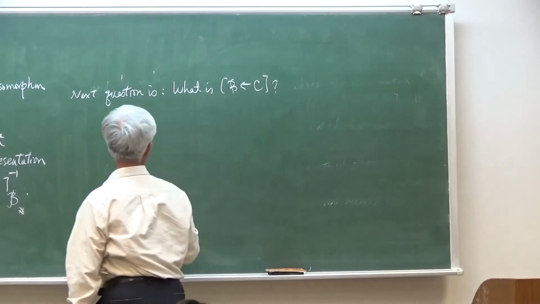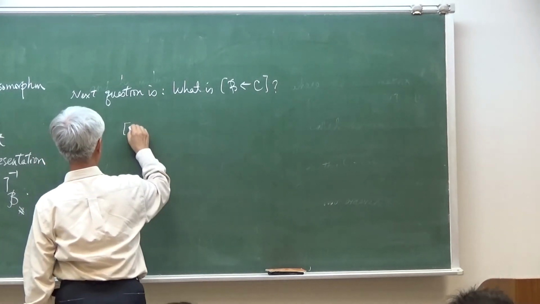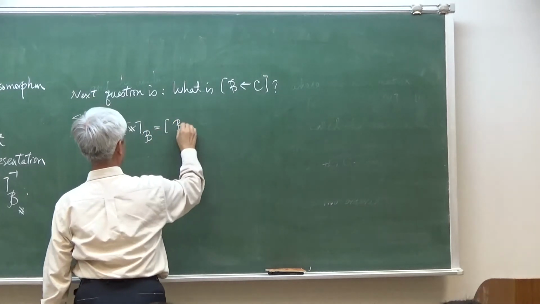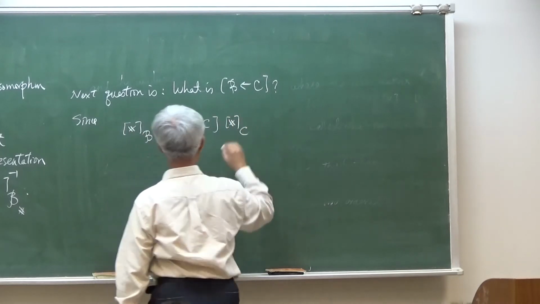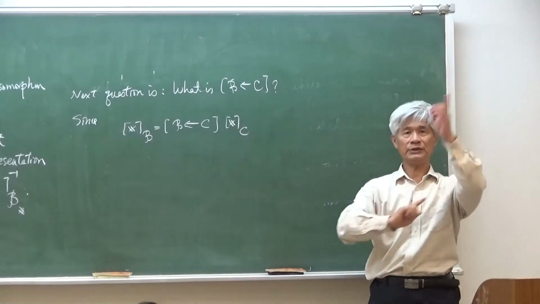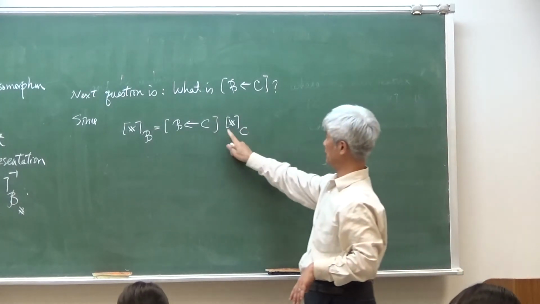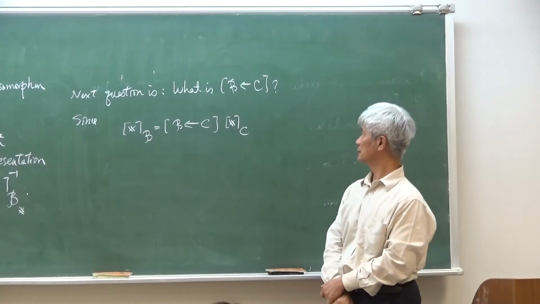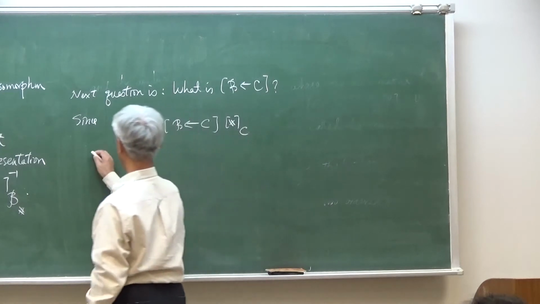Okay, since we know that, if we exchange the rows of B and C, we have this one, right?